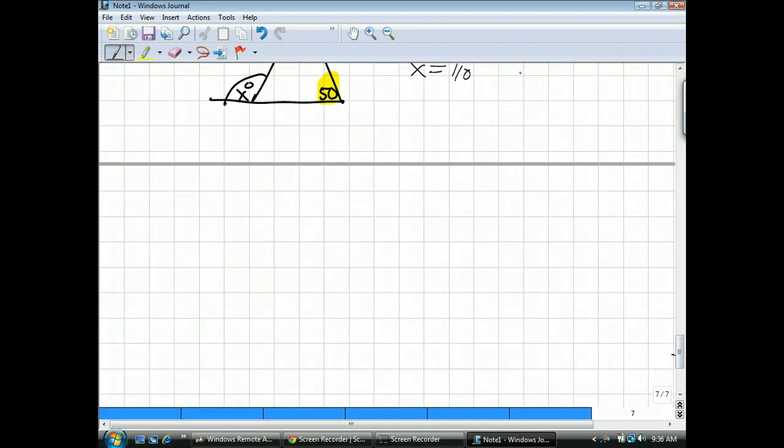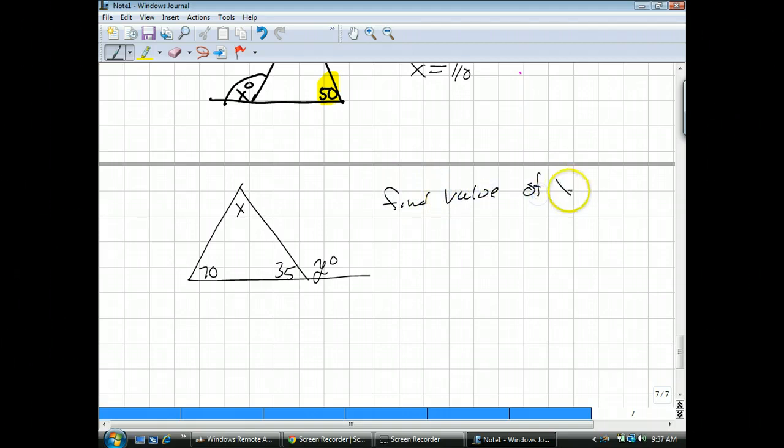So if I wanted to know this one. So this is x, this is 70, this is 35, and this is y. So I want to find the value of x and y.